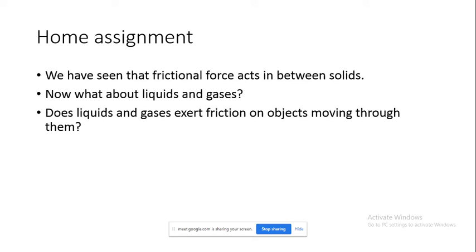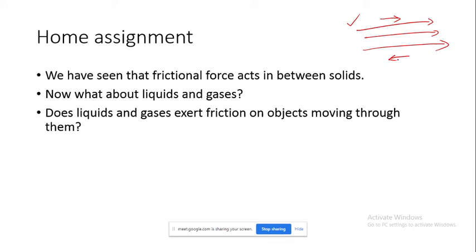So when you are trying to swim forward, let me draw it and show you. This is your water, suppose, and water is flowing in this way and you are trying to swim in this way. Then this motion will be easy. Suppose the motion of water is in this direction and you are trying to swim in the opposite direction.